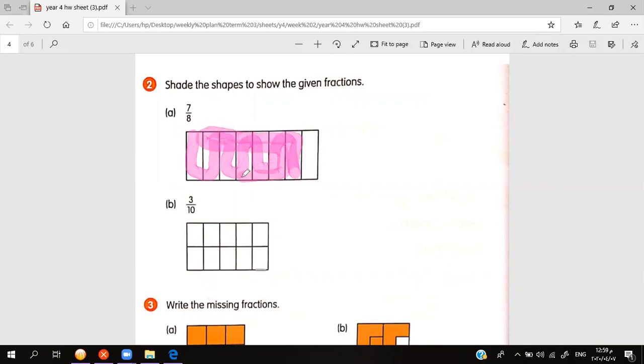Okay, like that I shaded 7 from the 8. Here he wants me to shade 3 from the 10. Here is 1, 2, and 3. Like that I shaded 3 from the 10. It's very easy, this one.